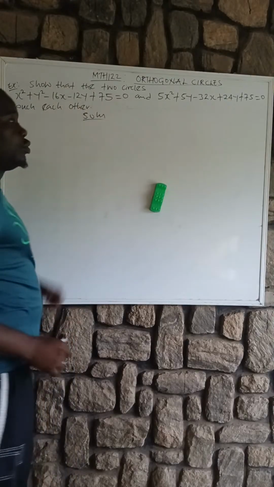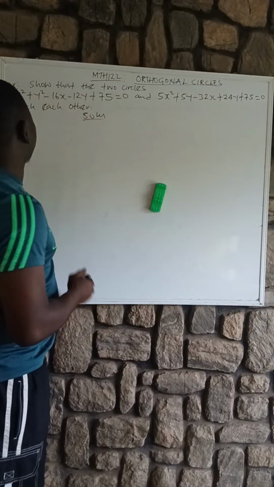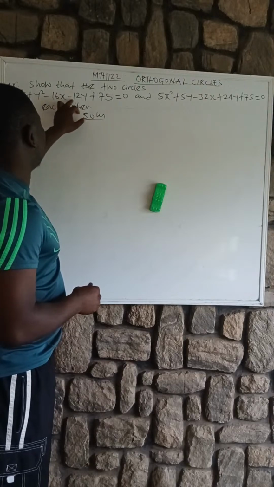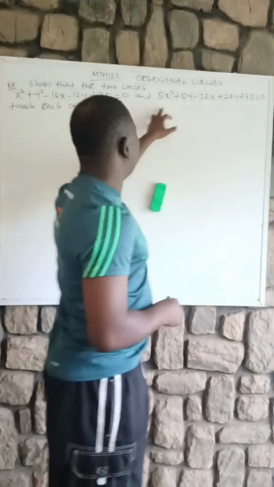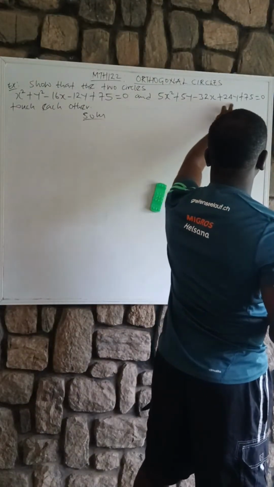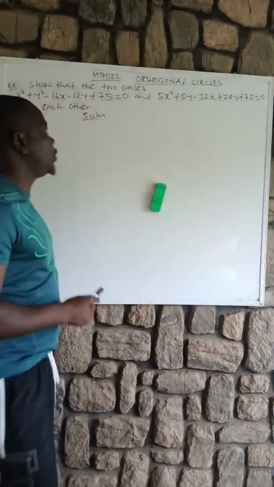We are to show that the two circles, x squared plus y squared minus 16x minus 12y plus 75 equals 0, and 5x squared plus 5y squared minus 32x plus 24y plus 75 equals 0, touch each other.